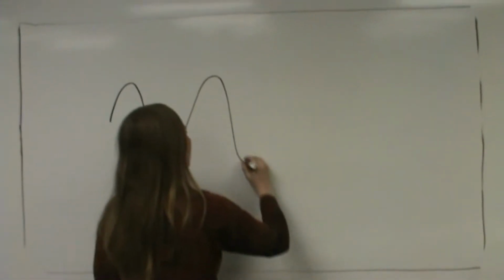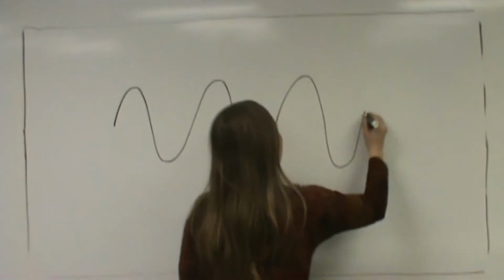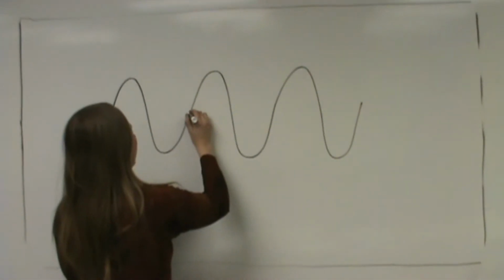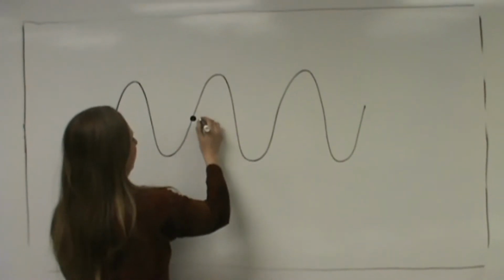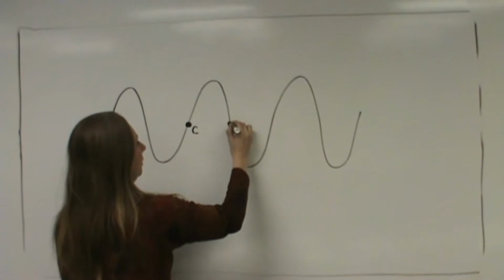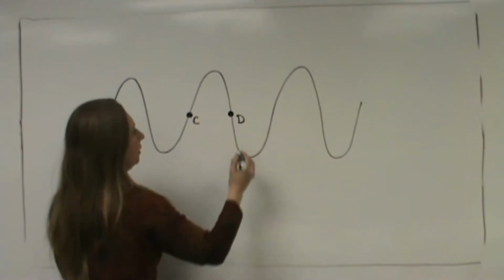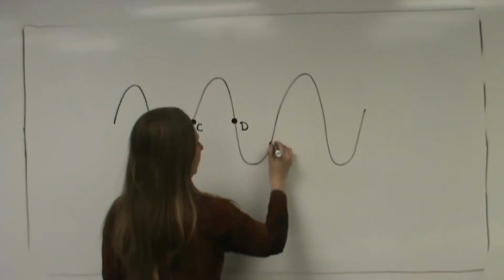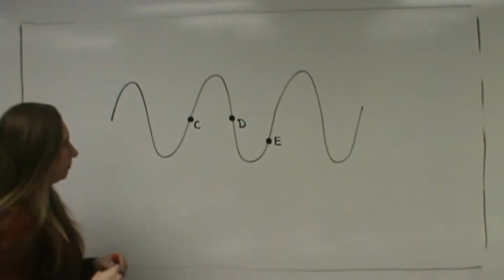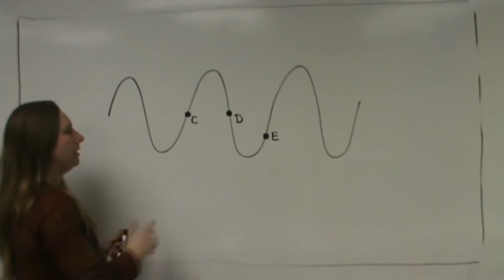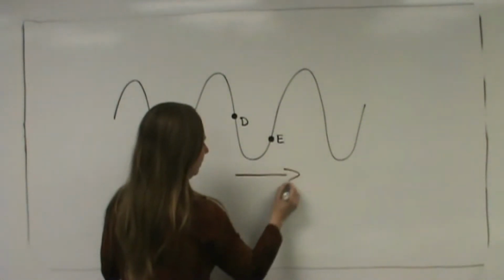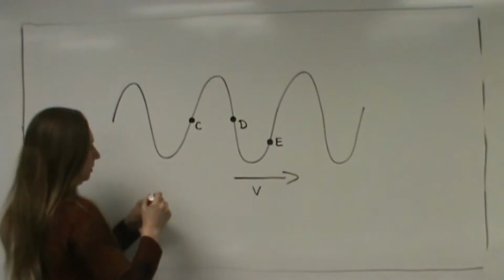And I'll put point C here, point D here, and point E there. All right, so now let's say that this wave is traveling to the right. How will point C move if this wave is traveling to the right?